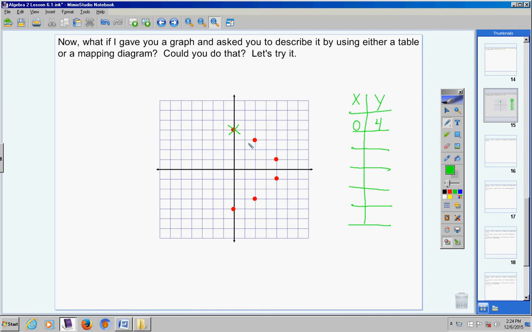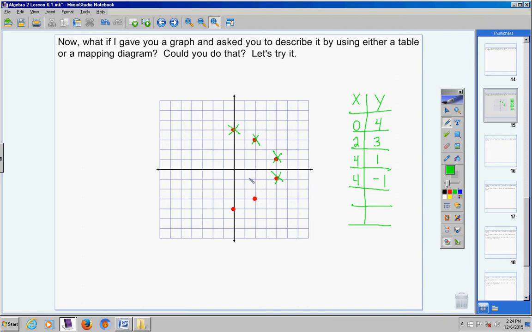This ordered pair is over right 2, and it's up 3. So 2, comma 3. This ordered pair is over to the right 4, and it's up 1. So 4, comma 1. This ordered pair is 4 to the right and down 1. So 4, negative 1.